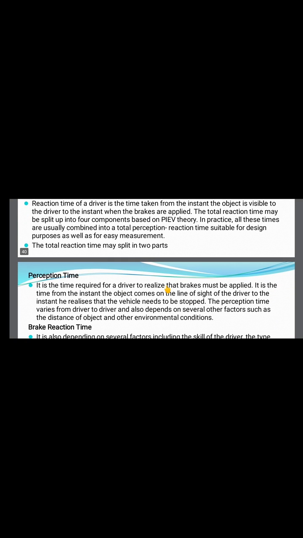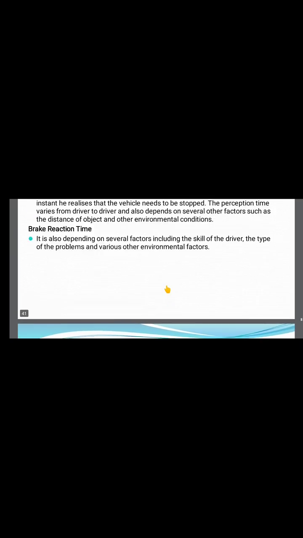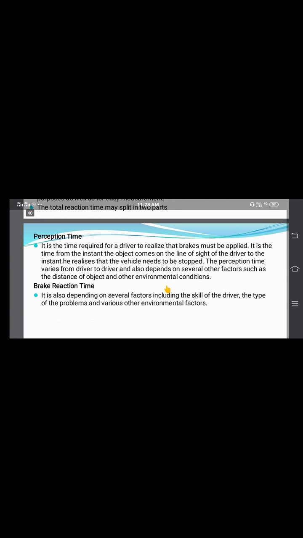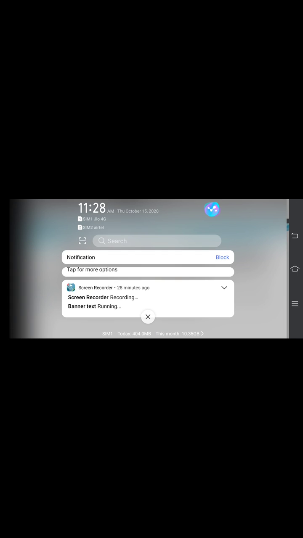Again, this reaction time is split up into two parts: perception time and brake reaction time. Perception time is the time required for a driver to realize that brakes must be applied. It is the time from the instant the object comes into the line of sight of the driver to the instant he realizes that the vehicle needs to be stopped.